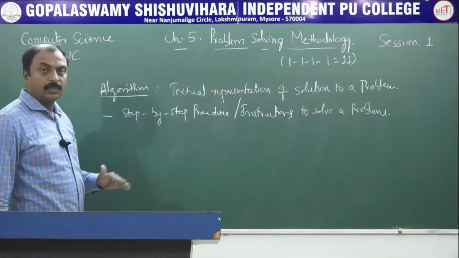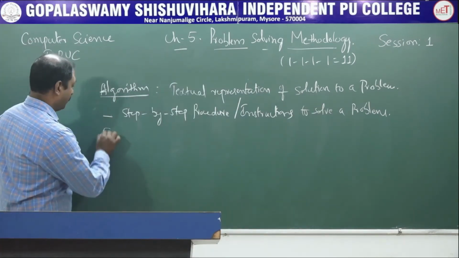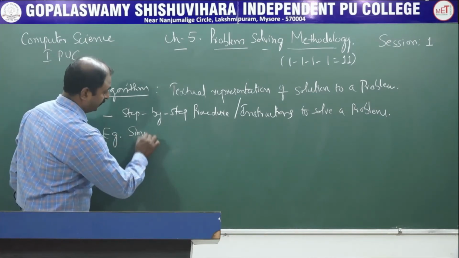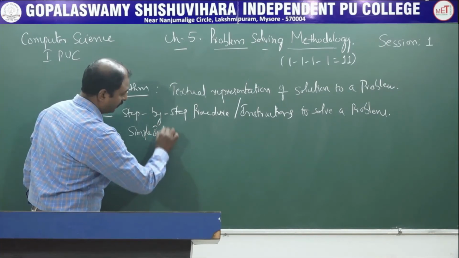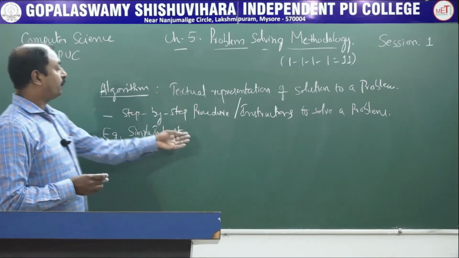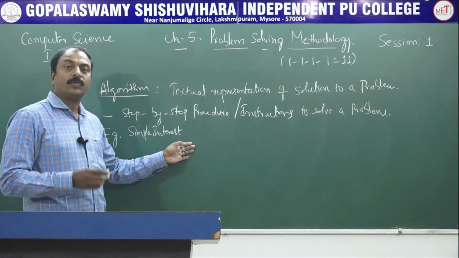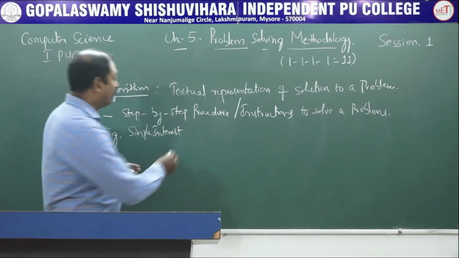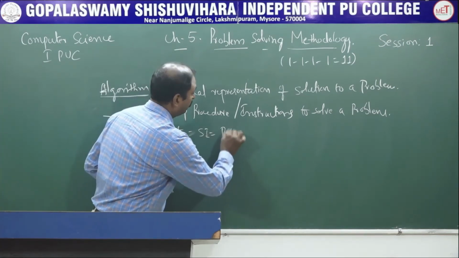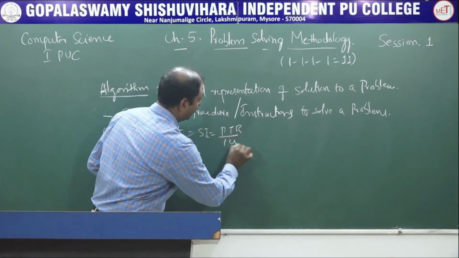For example, take this example: I want to find simple interest. In order to find simple interest, we should know the formula first. That is SI equals PTR by 100.